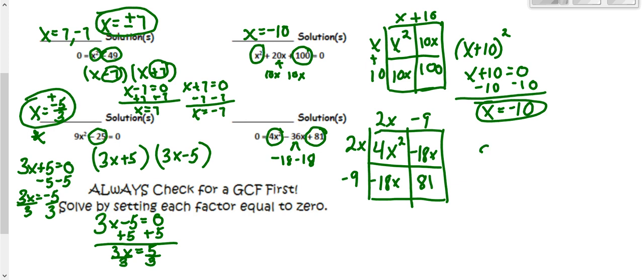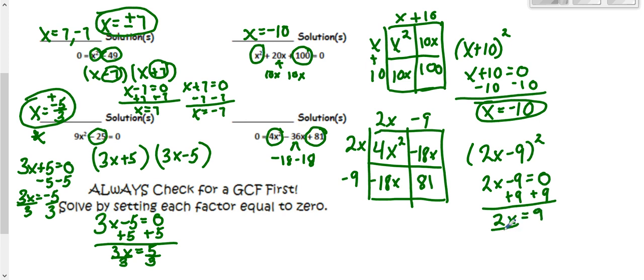So I have 2x minus 9 squared as my factors. And now I need to set that equal to 0. I'll add 9 to both sides. 2x equals 9, and I'll divide by 2.